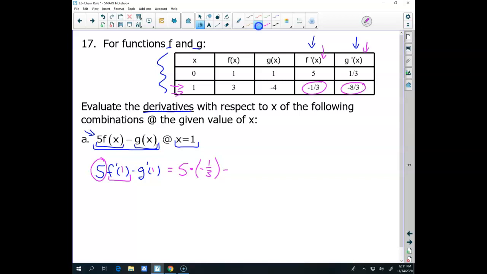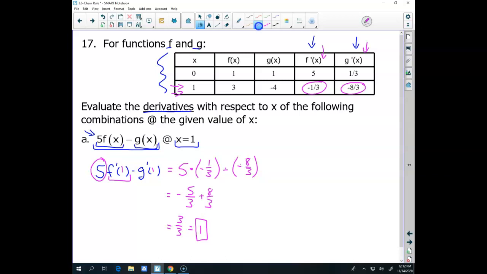And I can see g prime of 1 is negative 8/3, and then I do my math. So this is going to give me negative 5/3 minus a negative is plus 8/3. Well, that gives me 3/3. Oh, the value is going to be 1, okay?